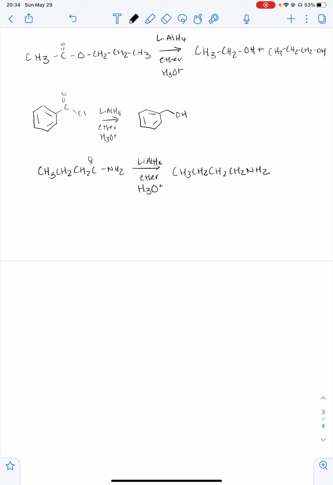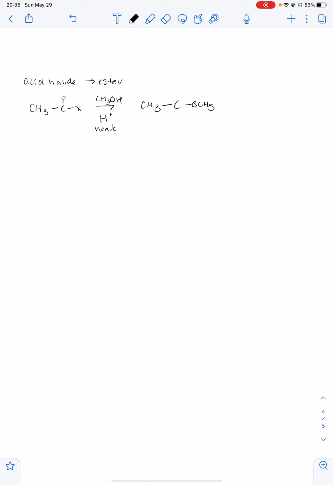So let's just go over an acid halide converted to an ester. We'll just do an acid catalyzed reaction with an alcohol to an ester, and you're going to see this kind of similar behavior, H plus and heat. That's your ester. And this is going to be pretty standard.